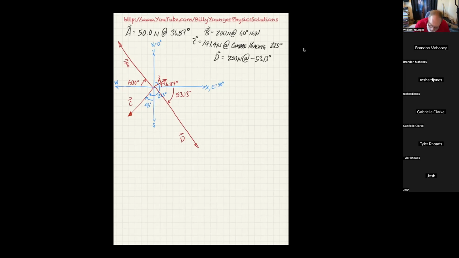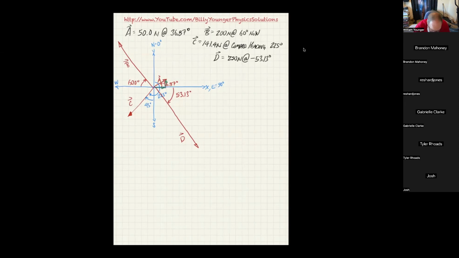So now that I have that, I'm going to interpret all of these vectors as having positive and negative components. So for instance, A, if you cast a shadow on the x-axis, that x component is positive, and that y component is positive.